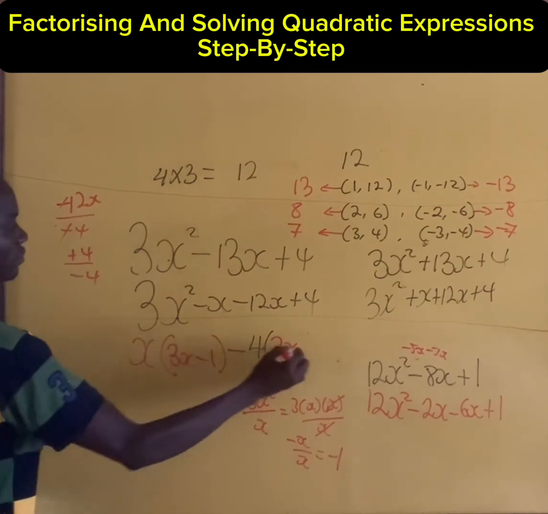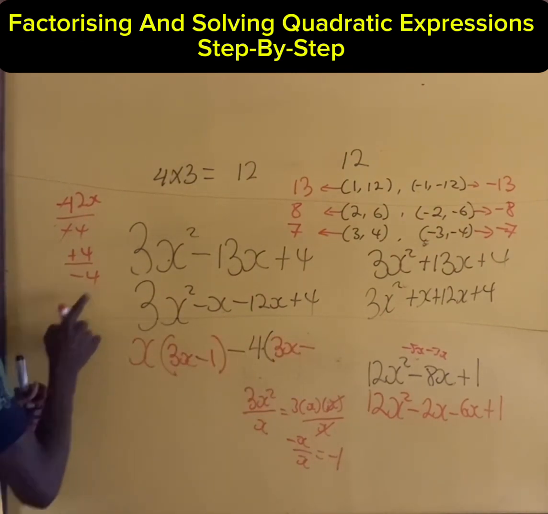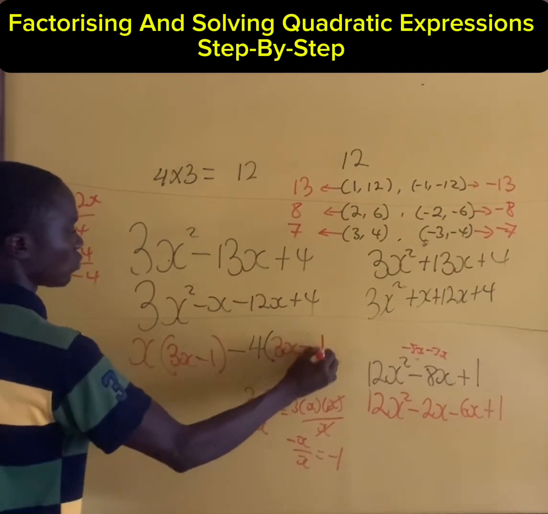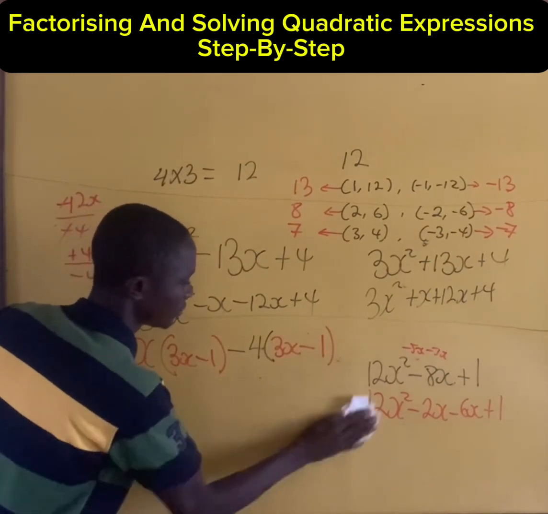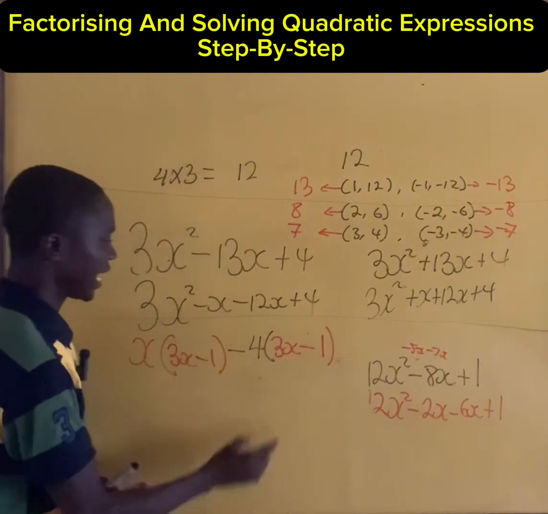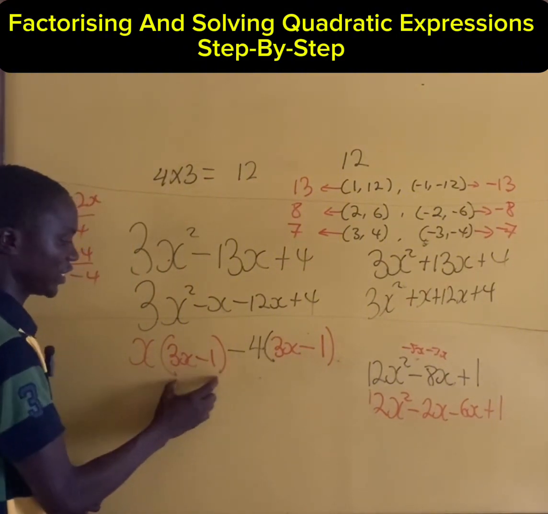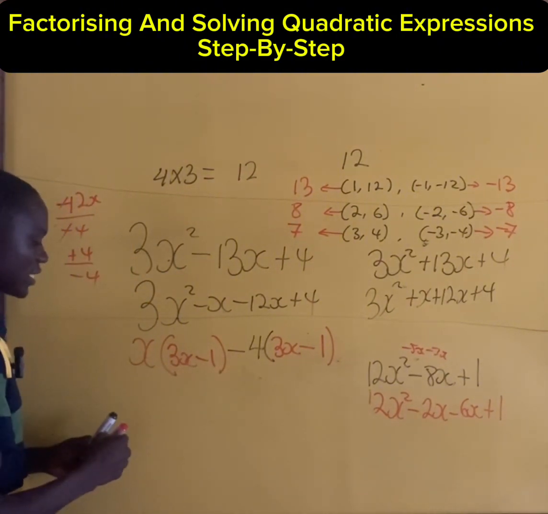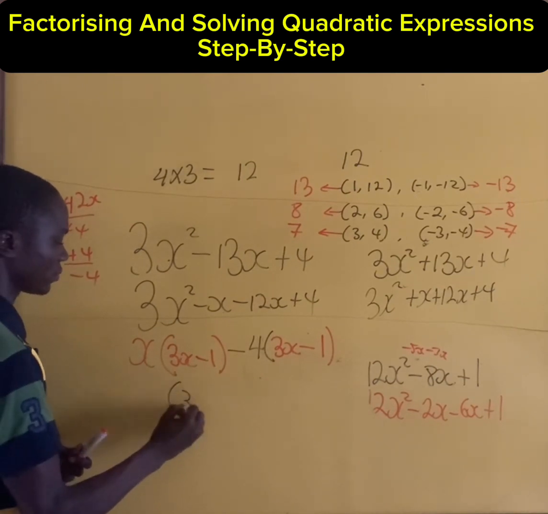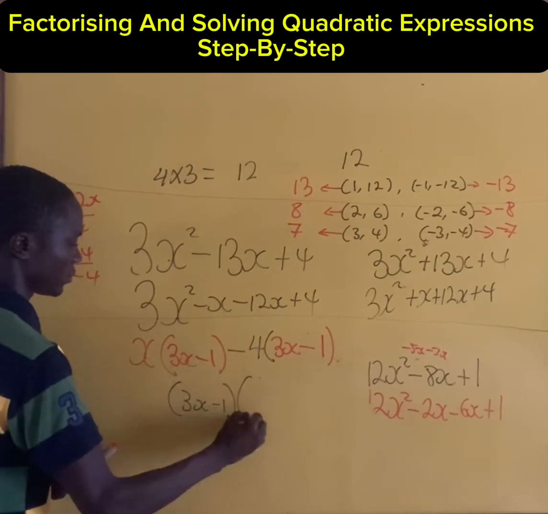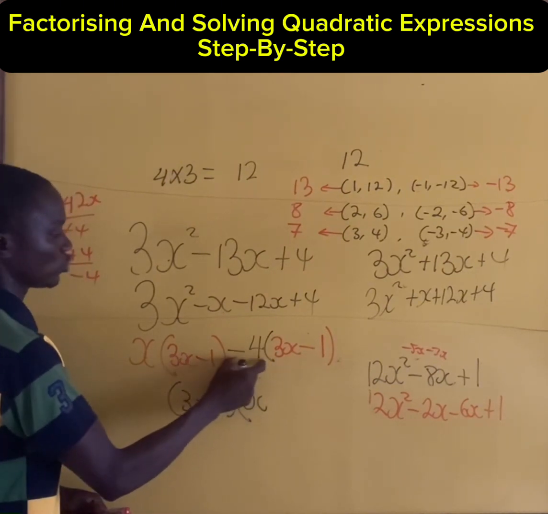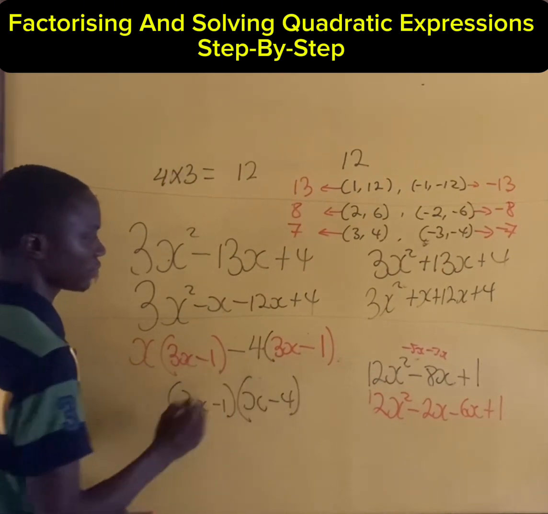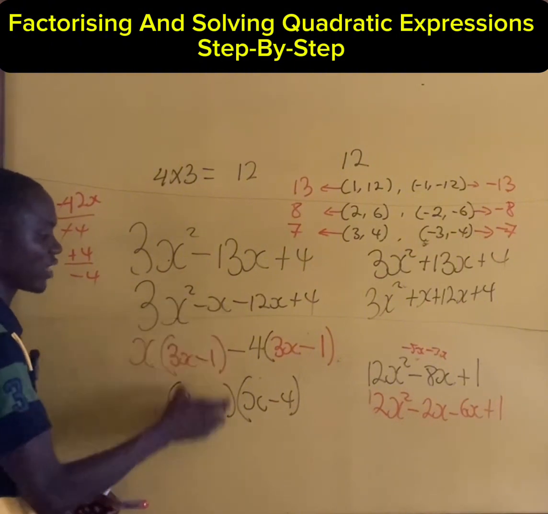Positive negative is negative. 4 divided by 4 is 1. So here I have 3x minus 1, 3x minus 1. So I'll factorize 3x minus 1 out. And here it will remain x, and here it will remain minus 4. Hence, this part has been factorized.